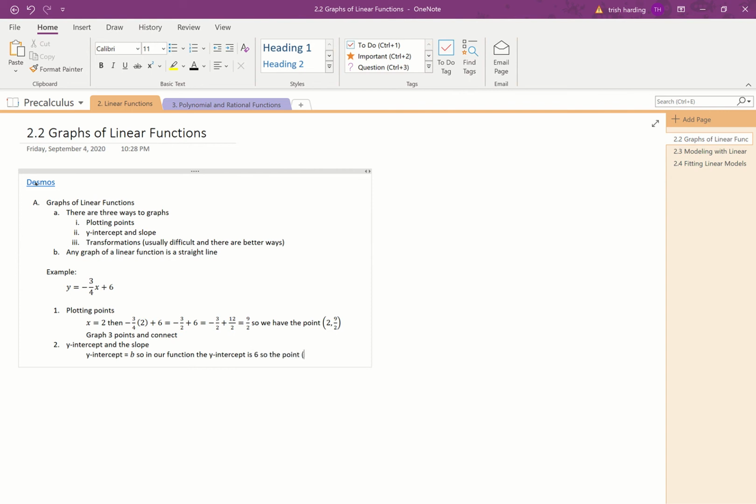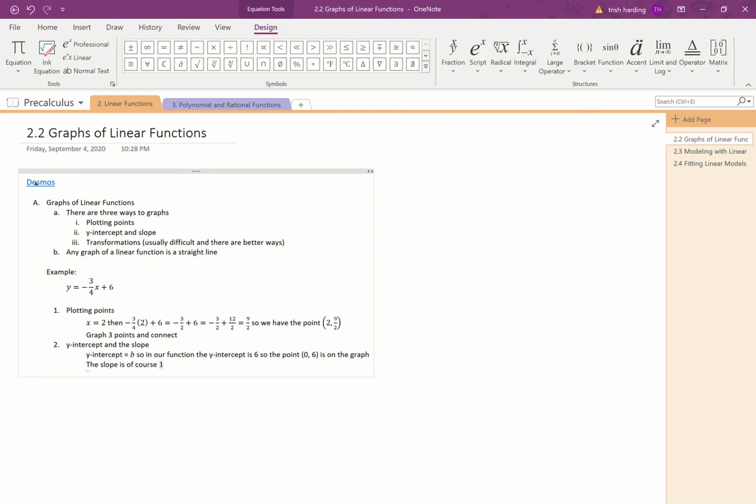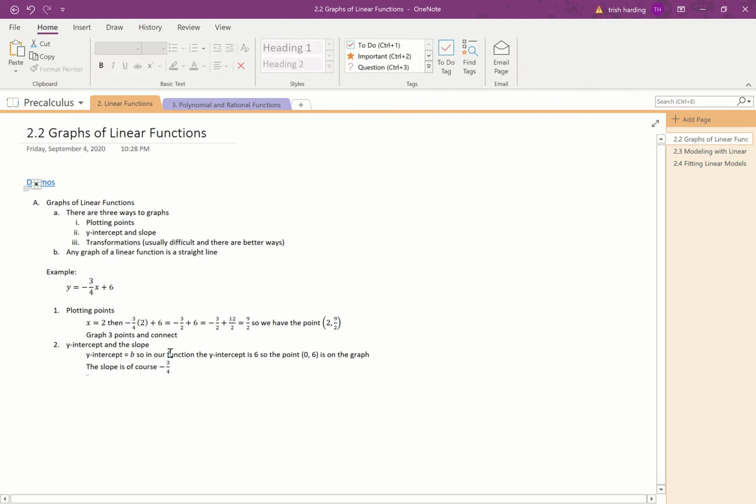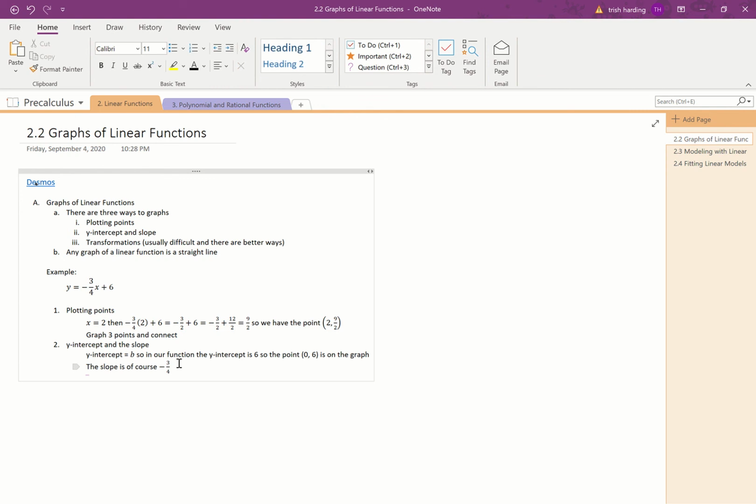That means the point where x equals 0, y equals 6, is on the graph. So we have our y-intercept, and the slope is, of course, the negative 3/4. So that's the slope.